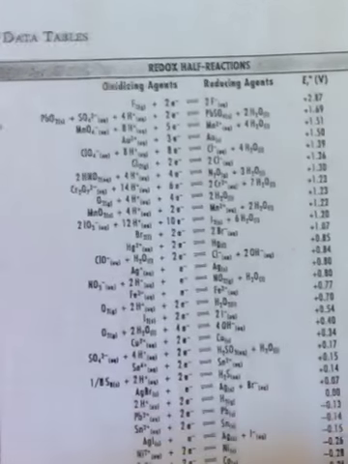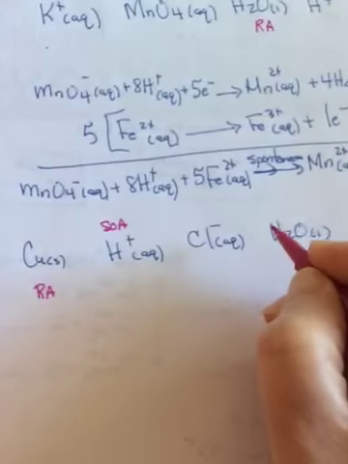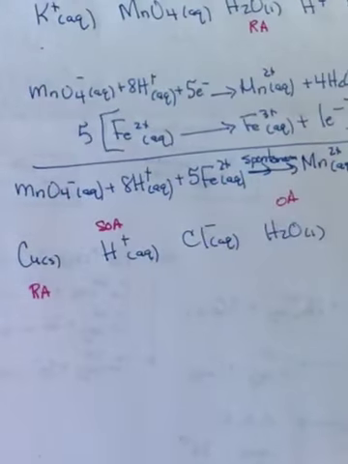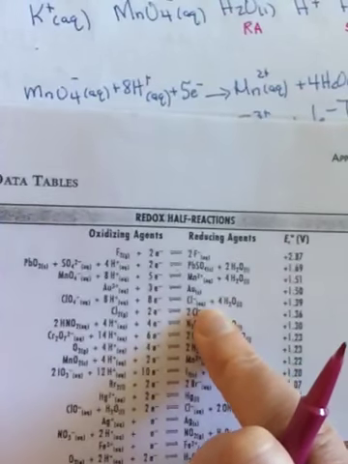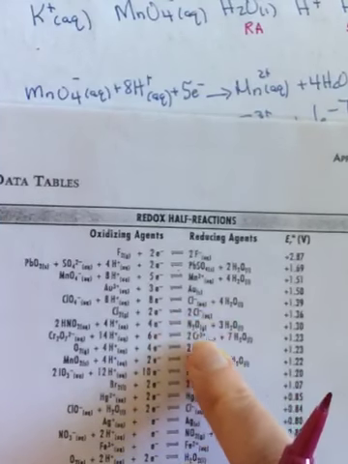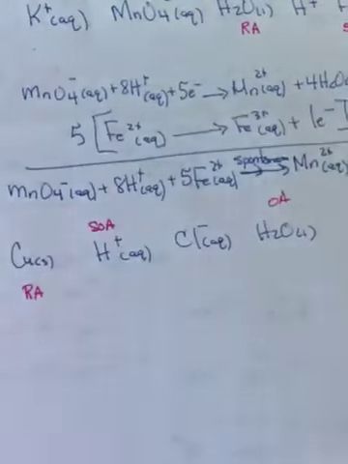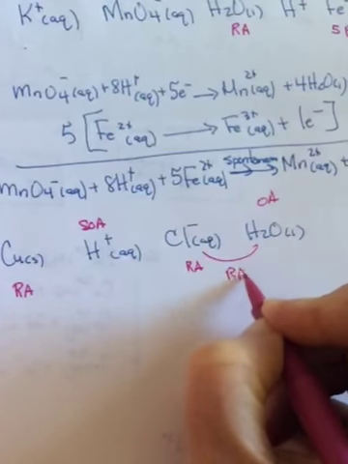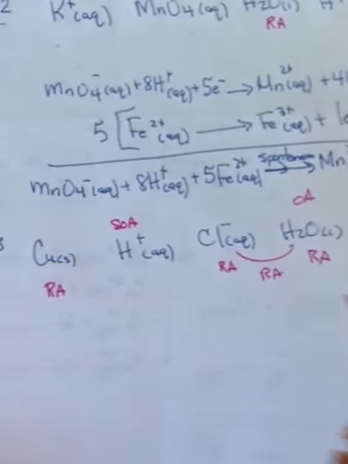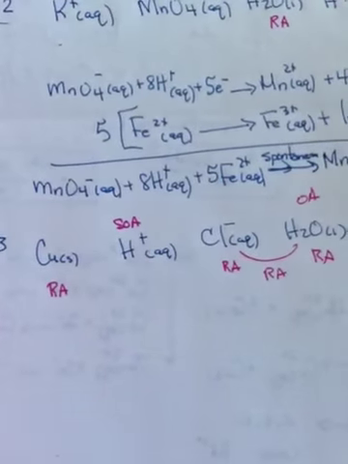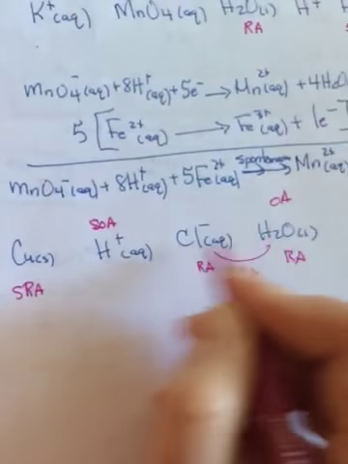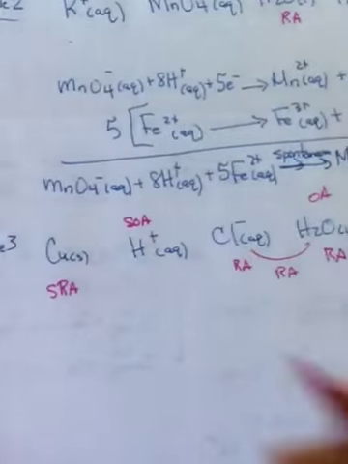And water is also on this side. So those are all the oxidizing agents. The reducing agent, Cl negative, is going to be over here. It's there linked with water, and it's there by itself. Okay, so RA, and we know water is an RA. So now look to see which one's highest up. It's actually the copper that's the strongest RA. Whoops, and I already put this in because I knew it was above water.